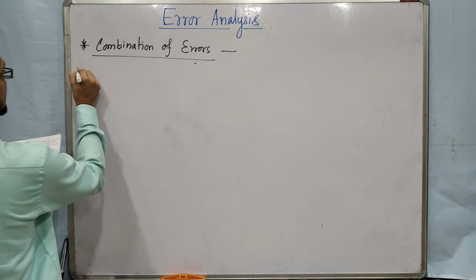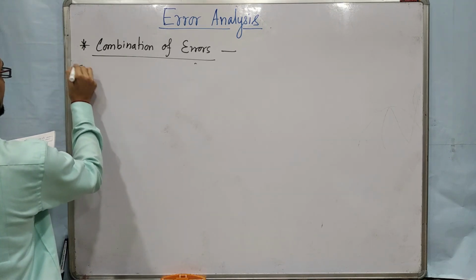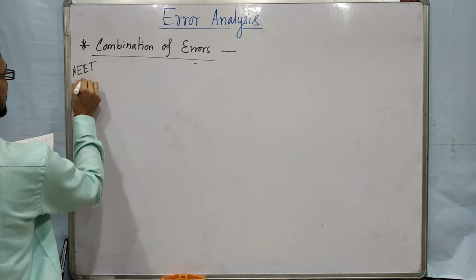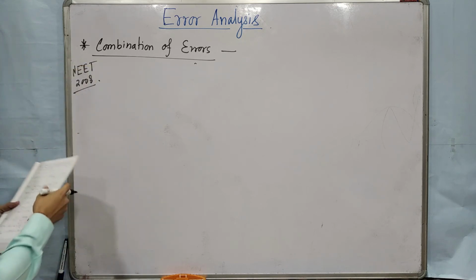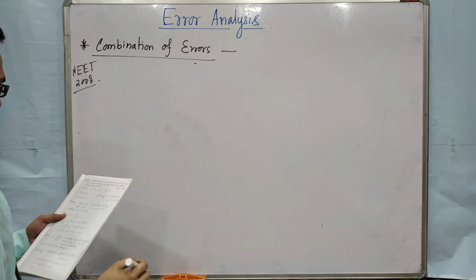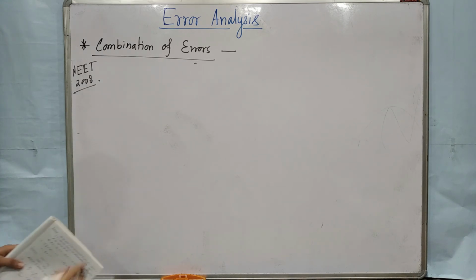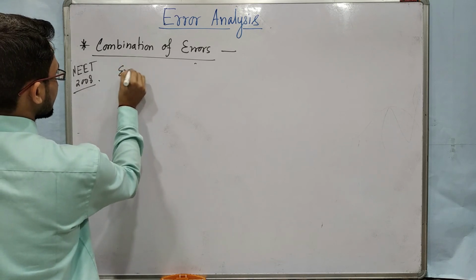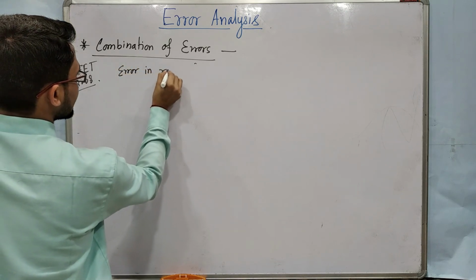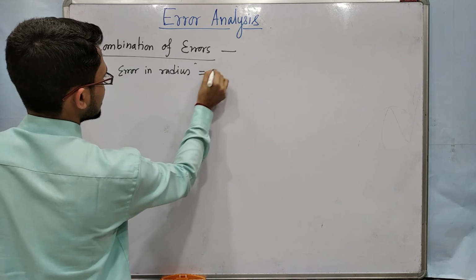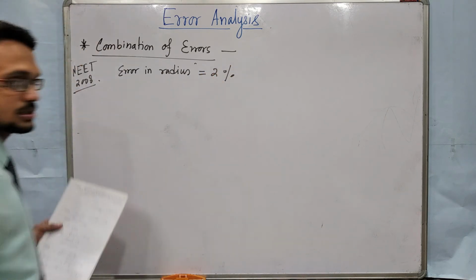This question came in NEET 2008. Okay, the question is, if the error in the measurement of radius of a sphere is 2%. So error in radius equal to 2%. So this is percentage error.